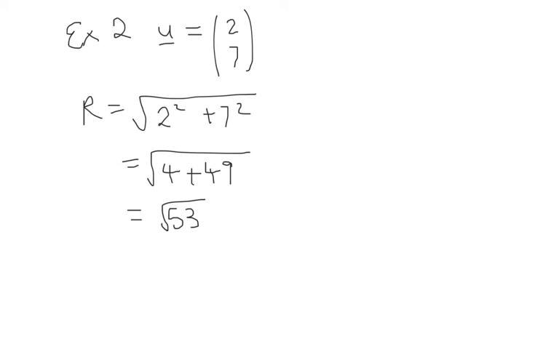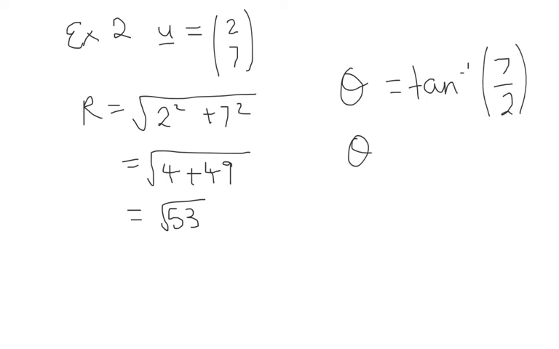Doesn't matter. Calculate theta by doing the inverse tan of y over x, 7 over 2. So theta is 74.1 degrees. We write u as square root 53 angle 74.1 degrees.